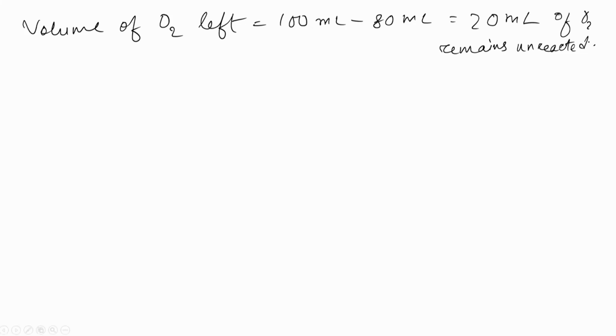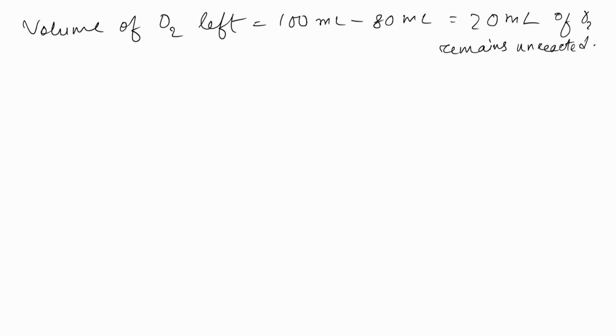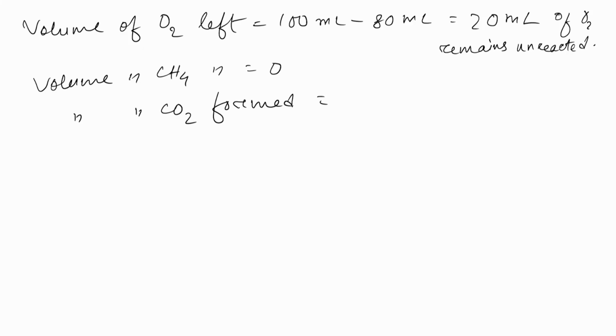Okay. And what will be the volume of methane left? Since 40 ml of methane is totally consumed, volume of methane left will be 0. Okay. Now the product, that is volume of CO2 formed. Carbon dioxide formed is 1 volume.